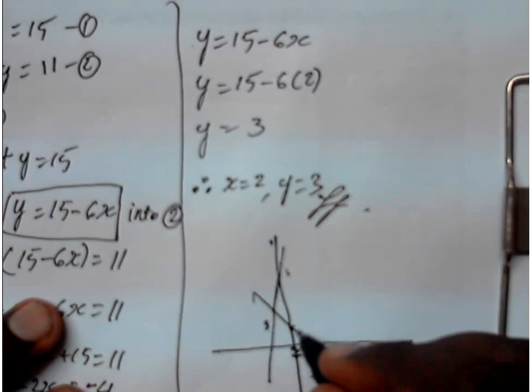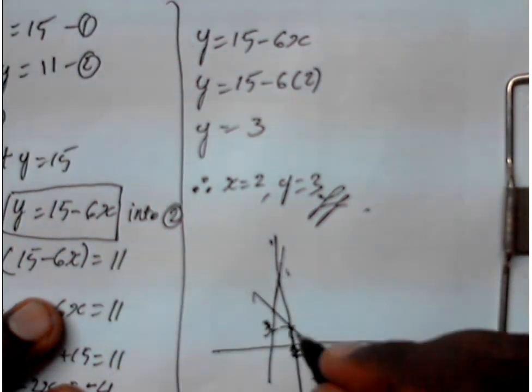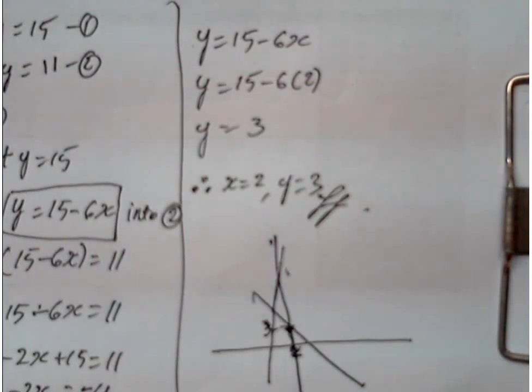And if you notice, the intersecting point will be 2 and 3. Okay, but however, you can only do the graphing method if you have a very elaborate plotting paper or computer graphing. Basically, you have three ways. The choice is yours.